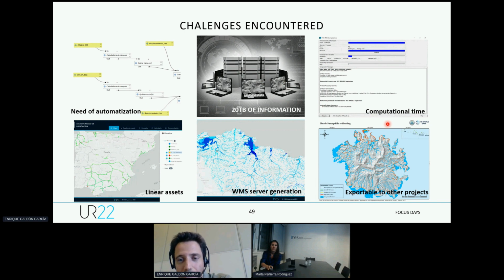And finally, one thing that I want to highlight that is also, from our perspective, an achievement of this project is how to represent on a web-based system layers of information that are so heavy. Because it's an issue. How can you visualize these layers independently of your internet connection, or at least not so dependent on it?